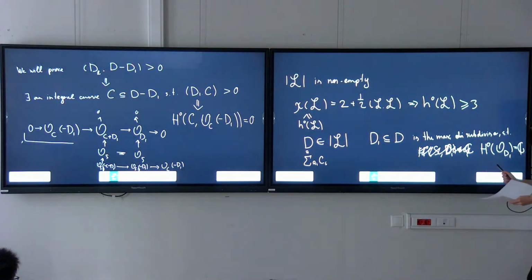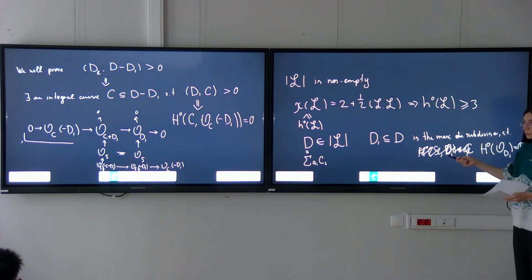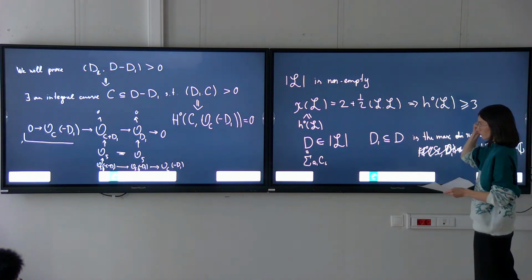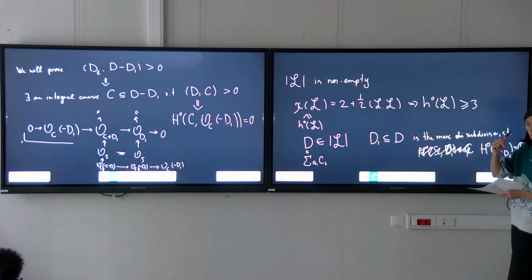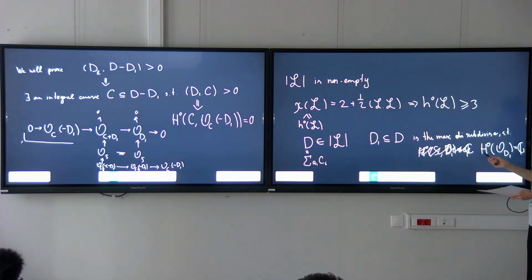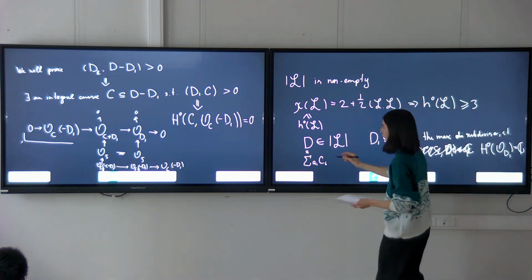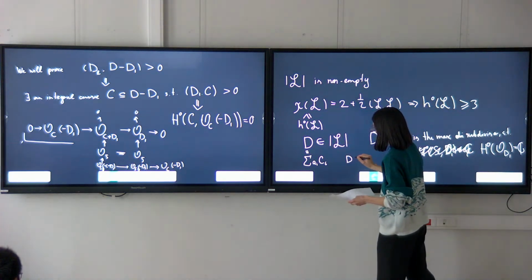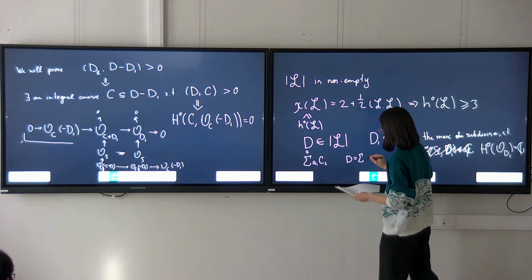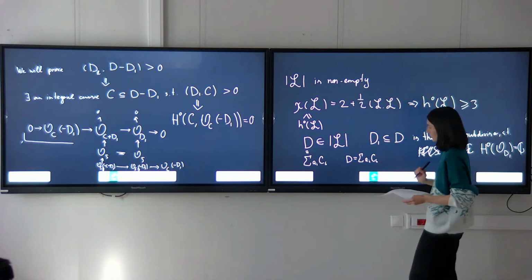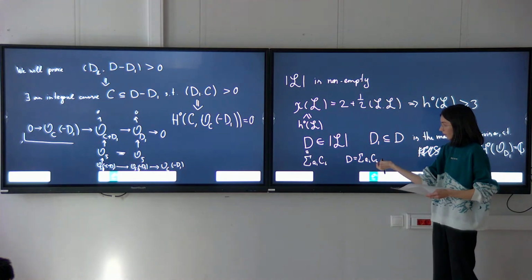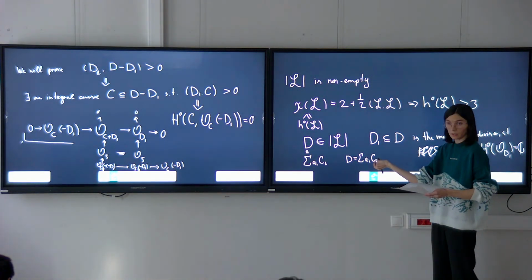So it's like just taking the maximal connected component. Yes, and I take the maximal connected component with this property. So sorry, this was a wrong notation. So a basic example is an integral curve. So suppose that D is this linear combination of the A_i C_i, right? Then I can always take C_i, right?